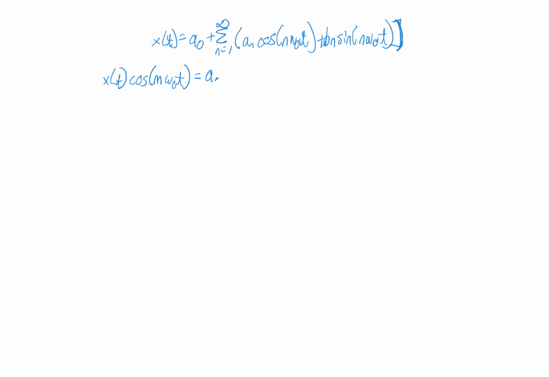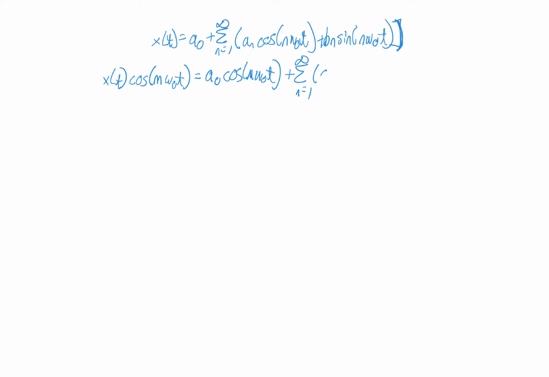So on the right side I get A0 cosine m omega naught t, and then I have this summation, and each term inside here is going to get multiplied by that cosine with frequency m omega naught.